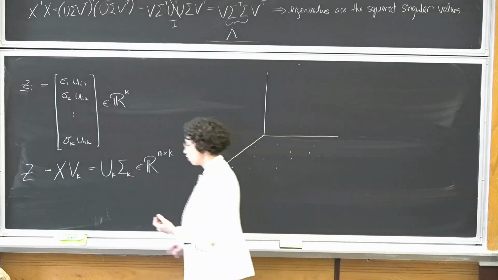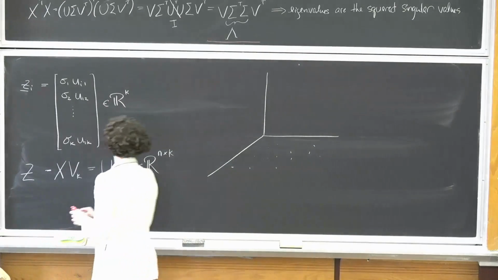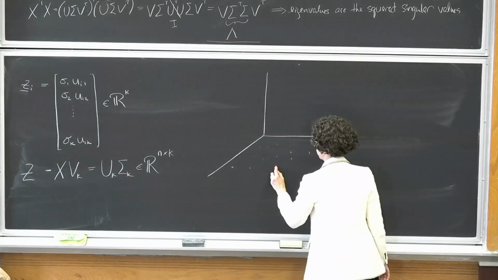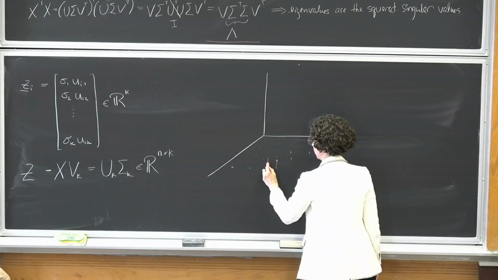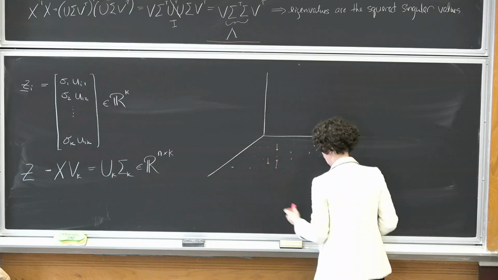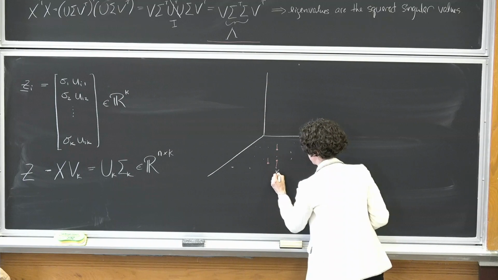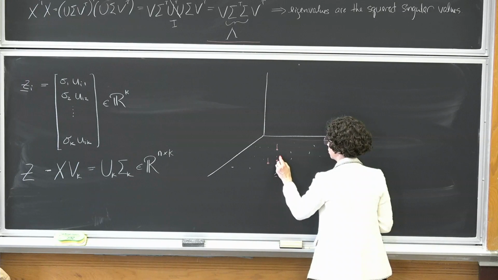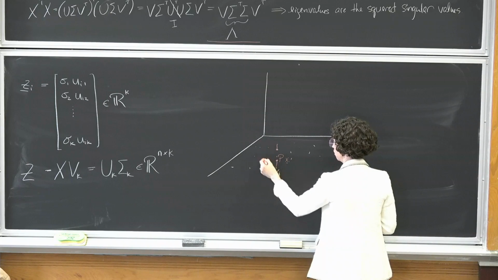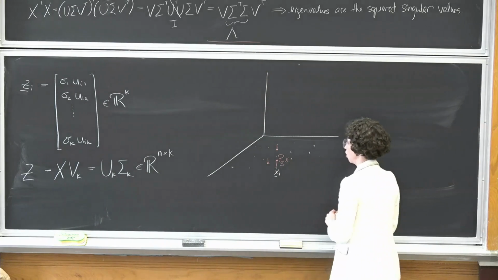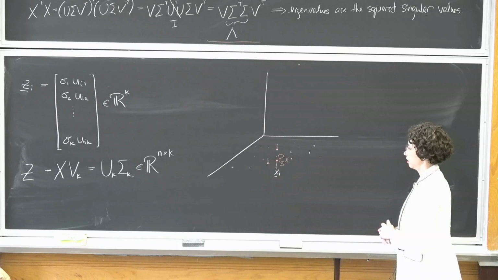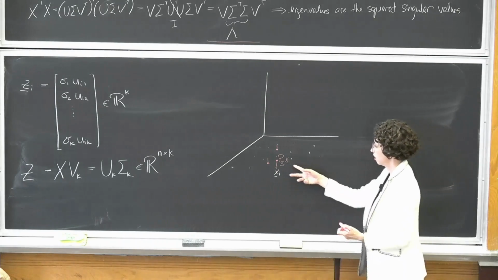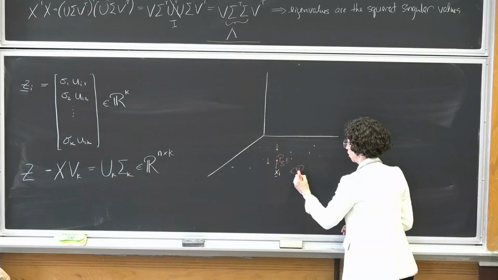For each one of these points, I can project it onto a point in the 2D plane. So the white point here would be xi, and this point here is the projection of xi onto this 2D subspace that I'm going to call S. Both of these points are in R3.